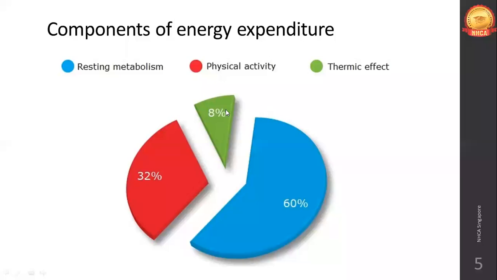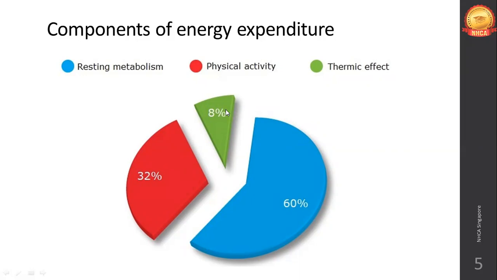Then you have your physical activity. This is a very basic generalization of an energy expenditure. Those who have a sedentary lifestyle or a moderately active lifestyle may have an energy expenditure pie chart very similar to this one you see right here.